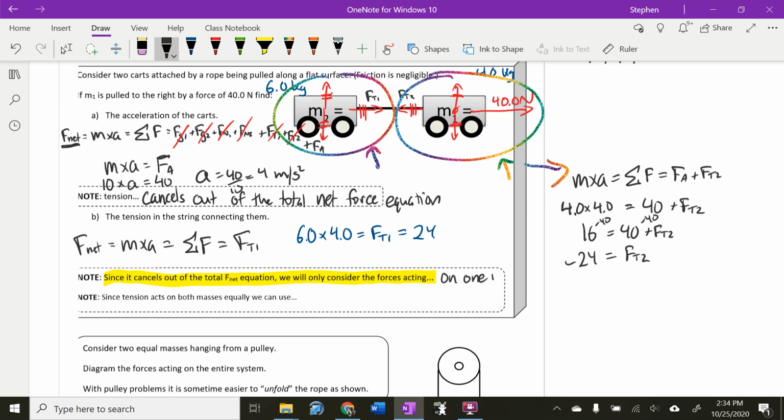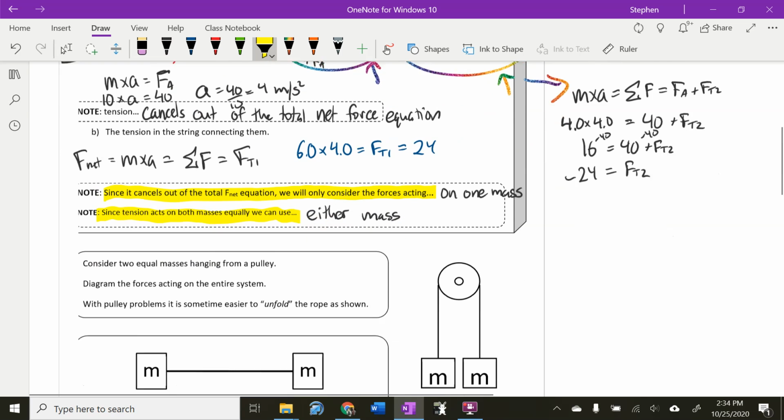So that's what I did there, is looked at it acting on one mass, either the mass on the left or the mass on the right. And seeing how tension acts on both masses equally, we can use either mass. So both of them would, as we've just seen, get us the correct answer.